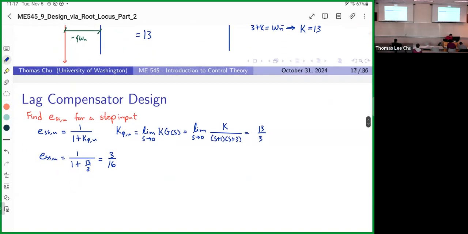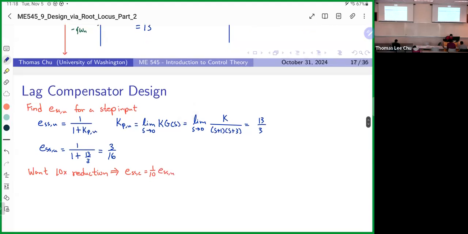So then we want a 10 times reduction, meaning that ESSC is equal to 1 over 10 times ESSU. So that's easy to calculate. So we want ESSC to be equal to 3 over 160.